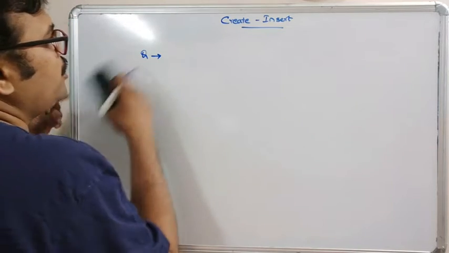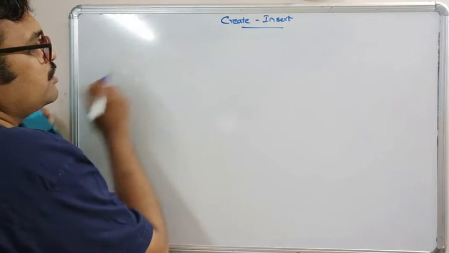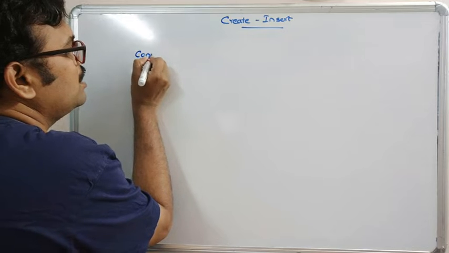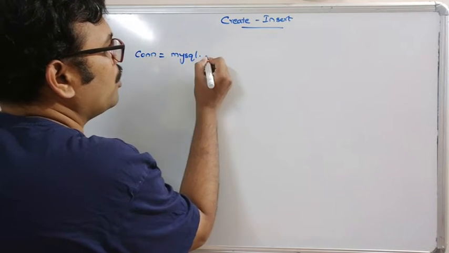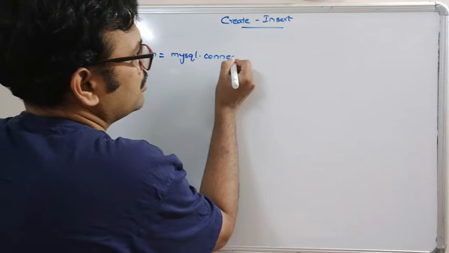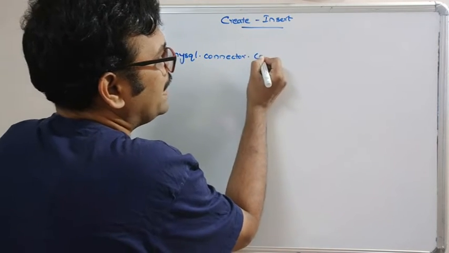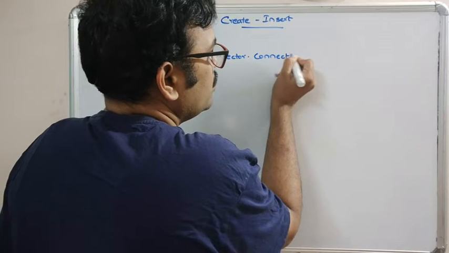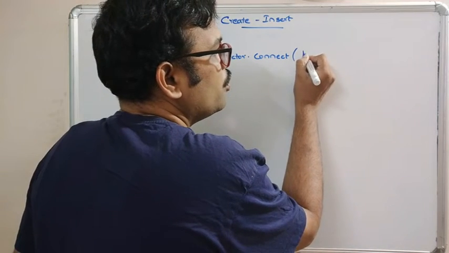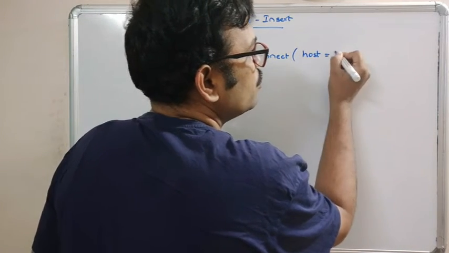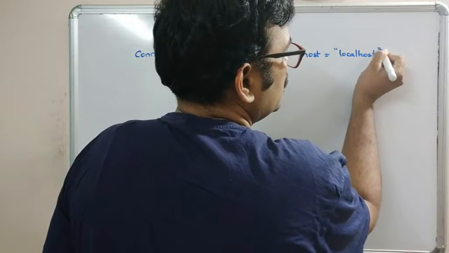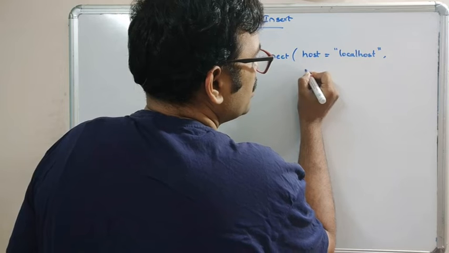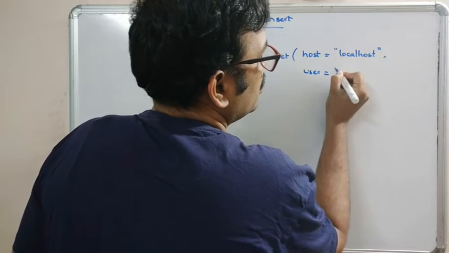First of all we need to connect with the database. By using the connect method, connection is equal to mysql.connector.connect. Here we are supposed to give the host name as the first parameter. Our host will be localhost, and then the second parameter is the user.